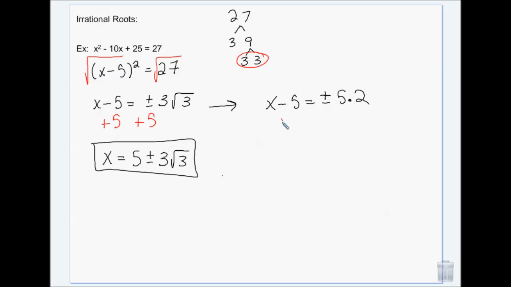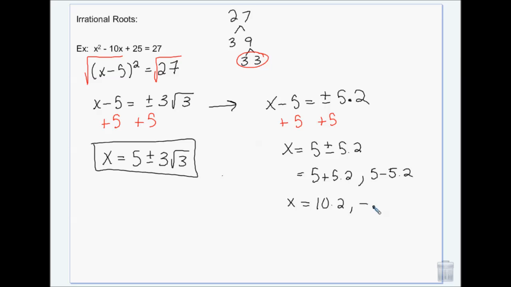And then I'll add 5 to both sides, which gives me that x is equal to 5 plus or minus 5.2. And that means I have to do 5 plus 5.2 and 5 minus 5.2. So that means x equals 10.2 and negative 0.2.